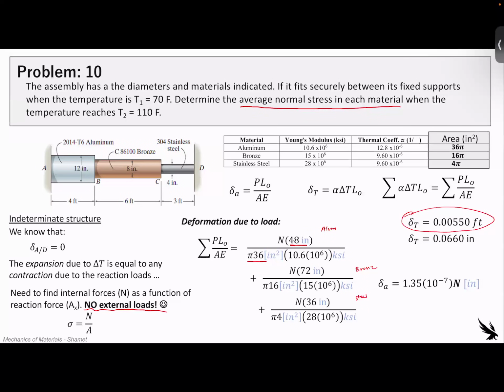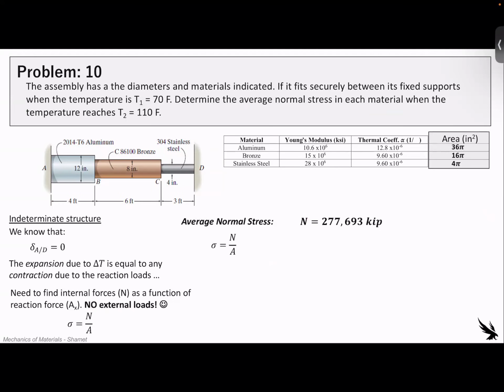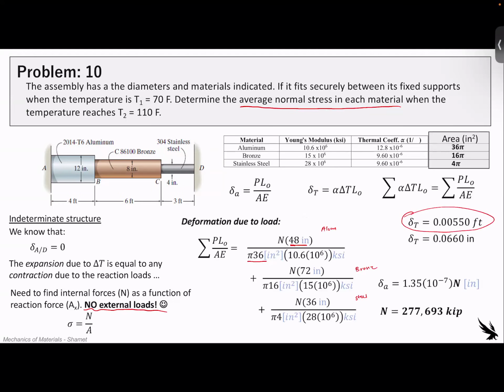Let's put these in the same units. So instead of feet, they need to be comparative, inches to inches. So we can solve for the normal force to be this large number, or 277 kilonewtons. Now, just to make sure that we're clear here, this is taken from setting this axial deformation equal to the thermal expansion, and then solving for N.